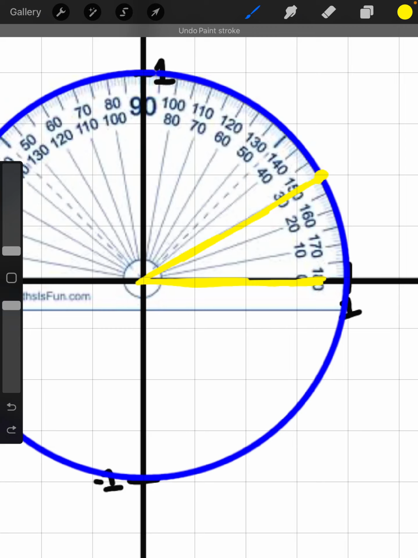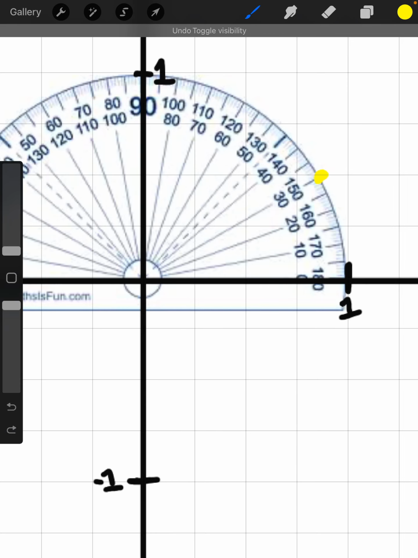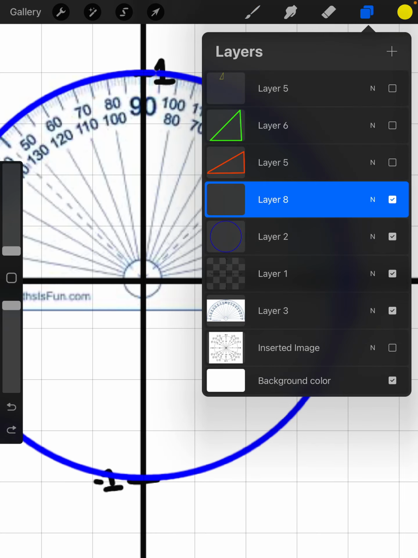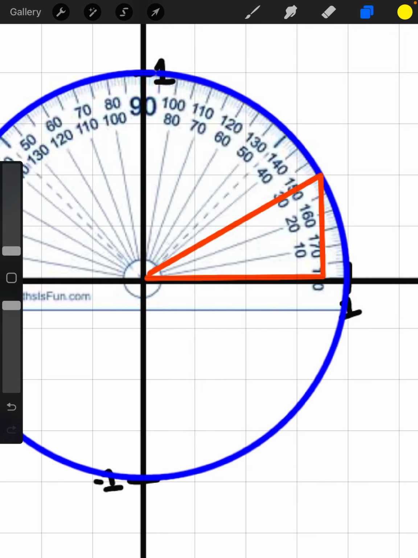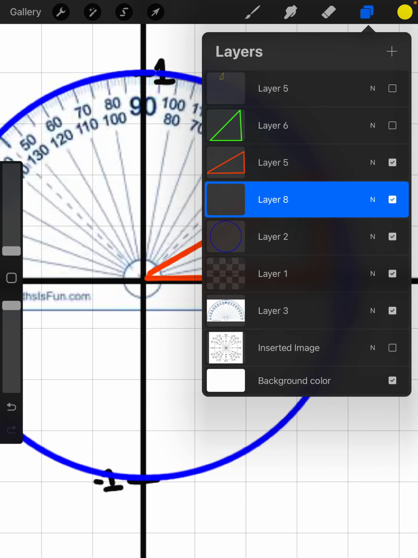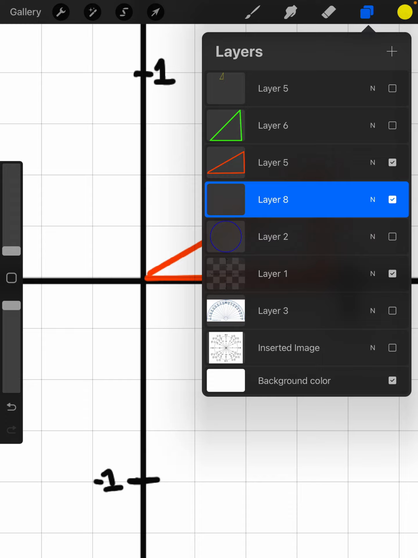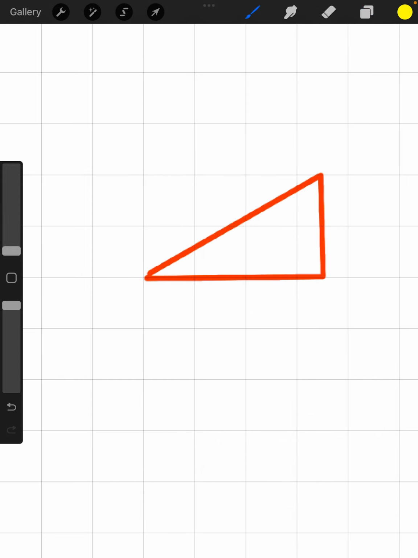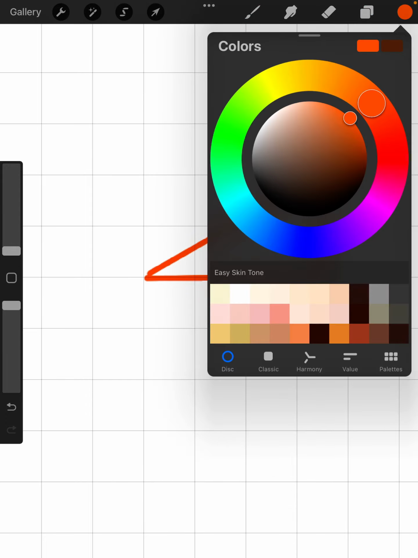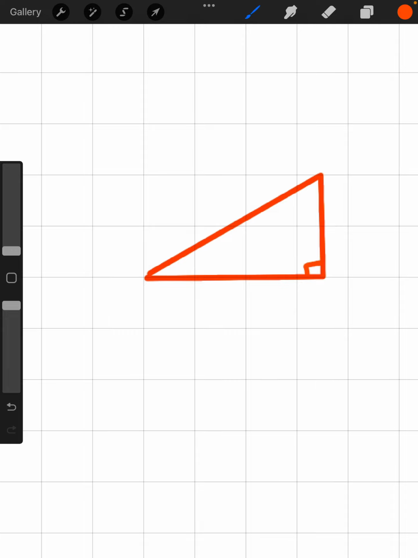So we're going to look at just that triangle. I'm going to get rid of that and redraw it a little bit neater. So here we go. There's our 30, 60, 90 degree triangle. I'm going to get rid of everything else for just a second so that we're only looking at our triangle. All right, so we have a 90-degree angle here, 30 degrees, 60 degrees.